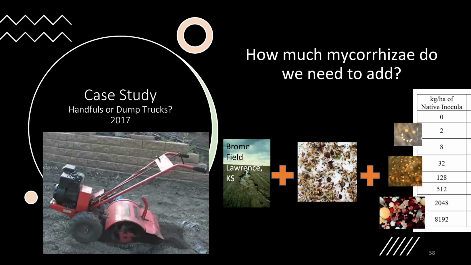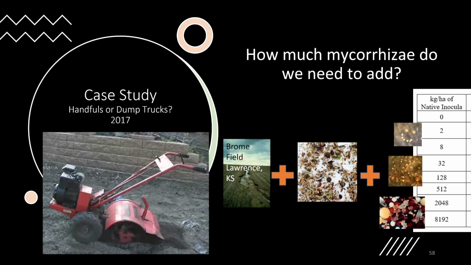We tilled it up, we put a diverse seed mixture out, and then I did little 10 by 10 foot plots where I put different amounts of this mycorrhizae inoculant in, ranging from none to what I like to call handfuls per acre, to the equivalent of a dump truck load per acre, just loads and loads of this inocula, to try to see where we start to see a response and maybe where that response stops improving over time.